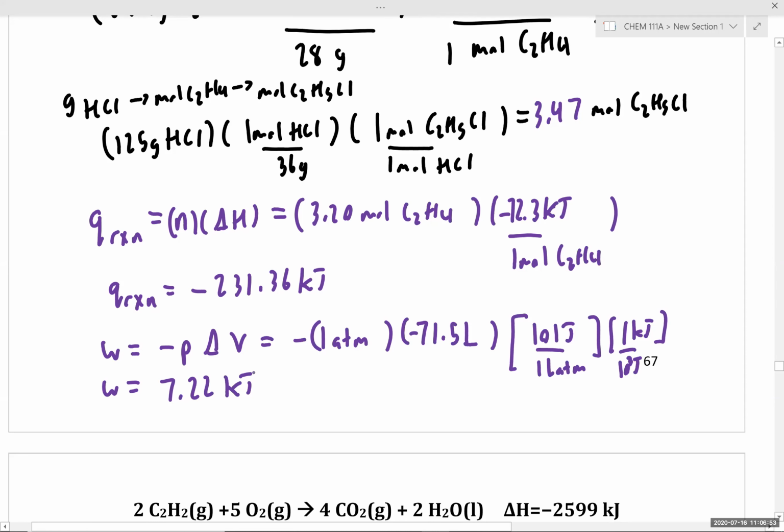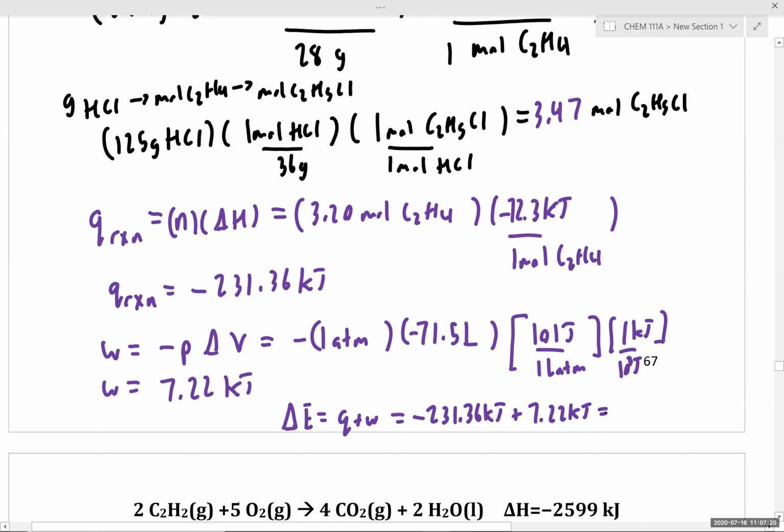Now we know that the change in internal energy is equal to Q plus W, heat plus work. So we have negative 231.36 kilojoules plus 7.22 kilojoules.